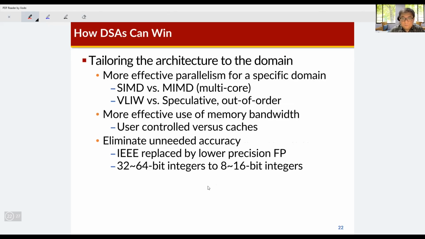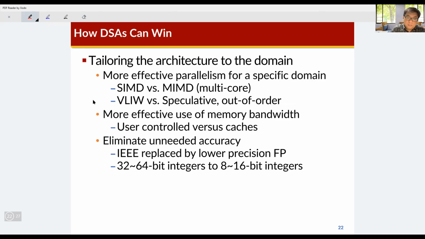So as you can see, domain-specific architecture is very hot recently in computer architecture research, because we can make more efficient processors with the domain-specific architecture. If we know some specific characteristics of these domain-specific applications, then we can apply SIMD or MIMD.